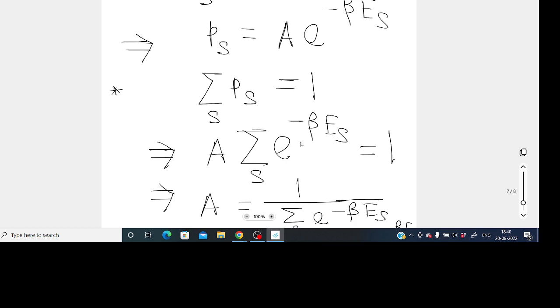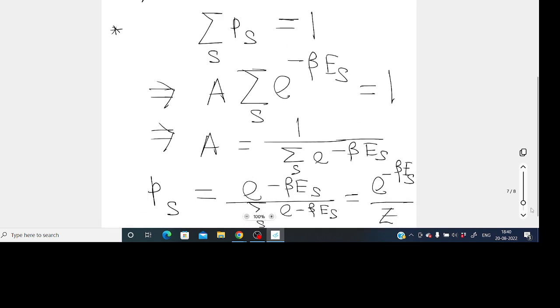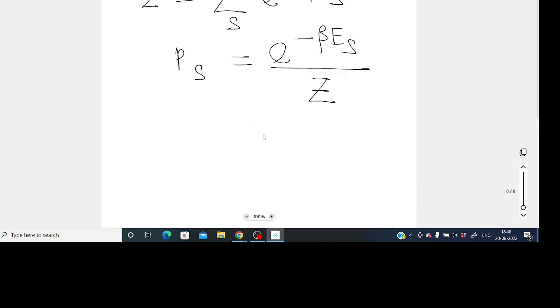So from that we are getting this normalization constant A, which is equal to 1 over Z. Here Z is the canonical partition function. So this is the definition of the canonical partition function.